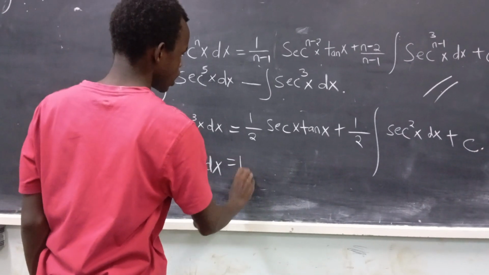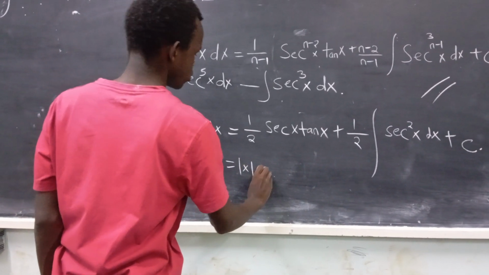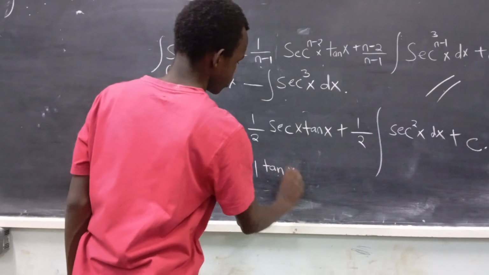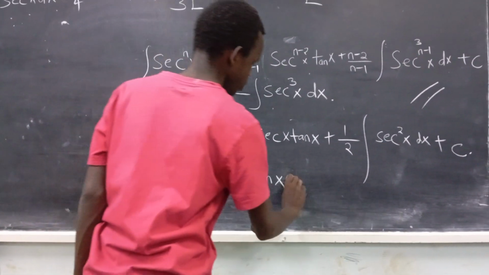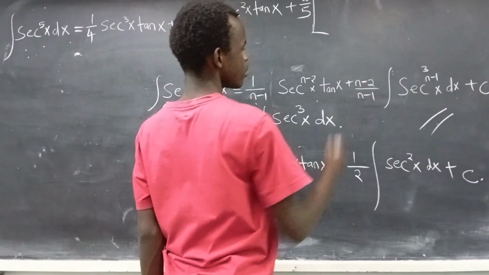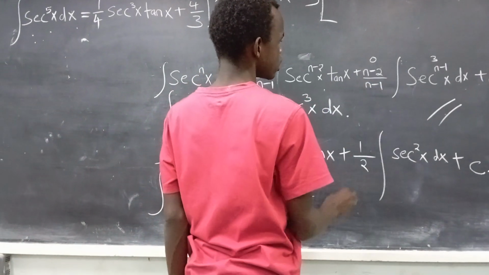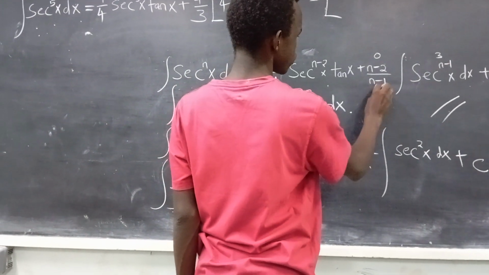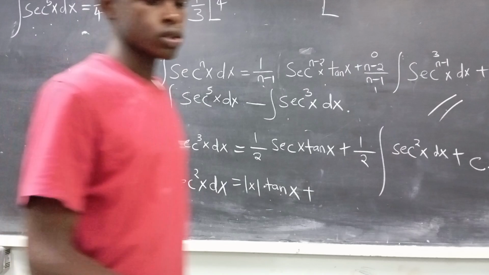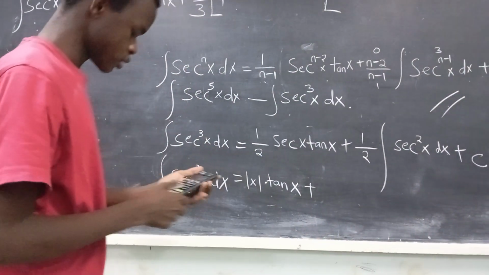So I'll get 1 multiplied by 1 multiplied by tan of x, remember, plus 2 minus 2, I'll get 0. Then 2 minus 1, I'll get 1. So 0 over 1 is 0.